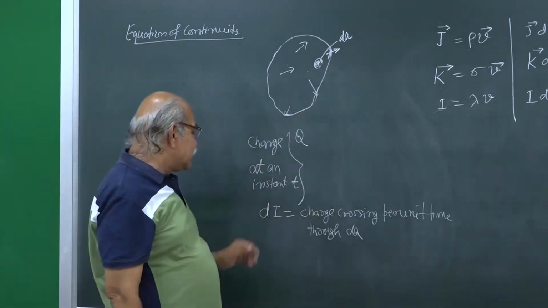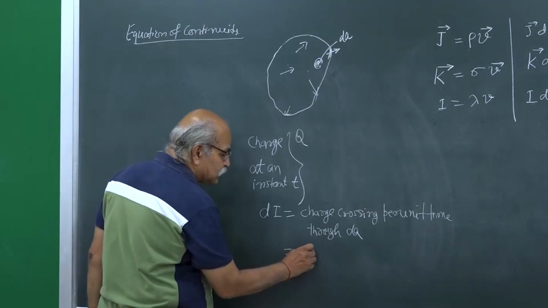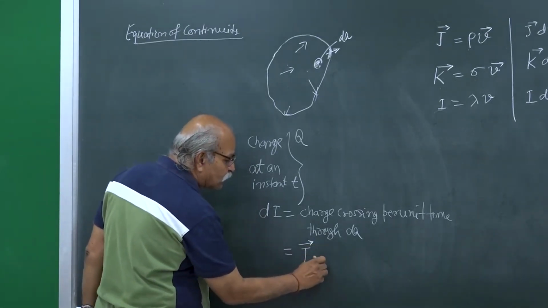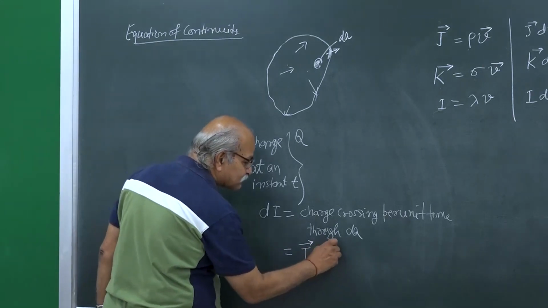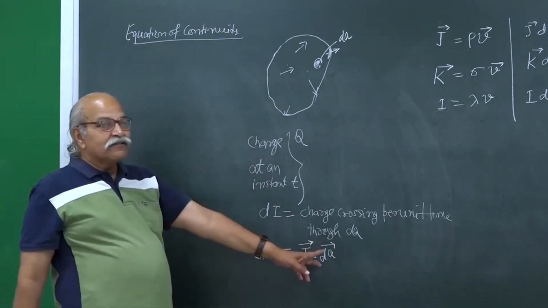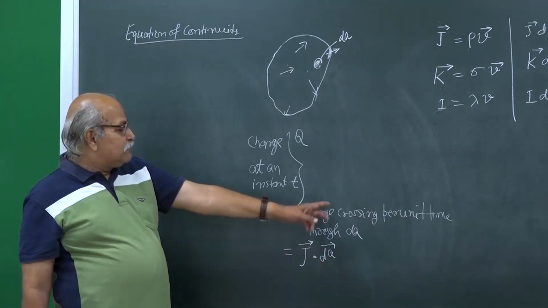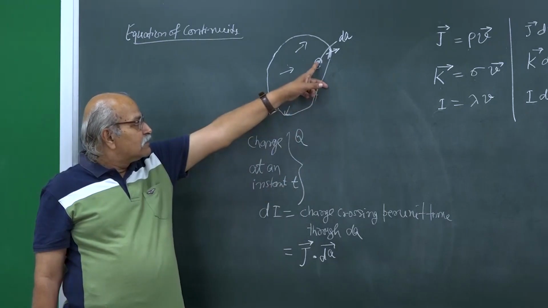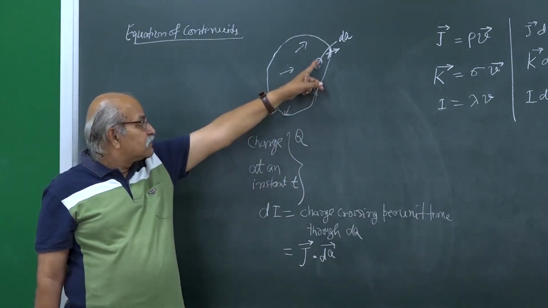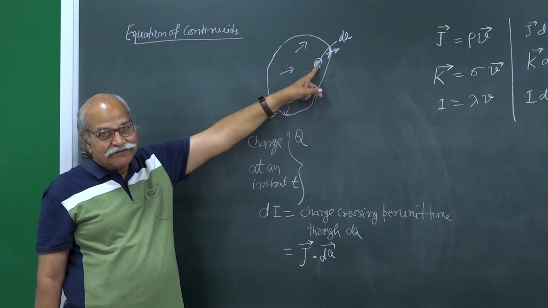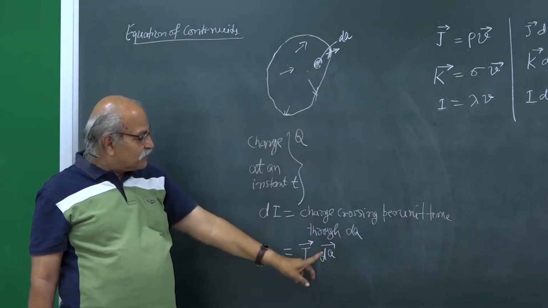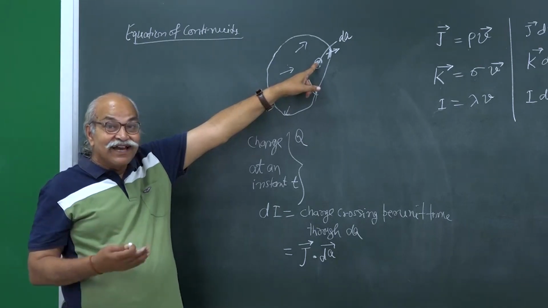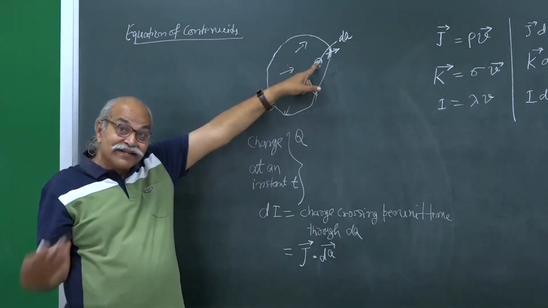So, how much is that dI? That dI will be J, current density, volume current density, dot product with dA vector. What is dA vector? The magnitude of dA vector is the surface area itself, and the direction of this dA is perpendicular to that surface and going in the outward direction.